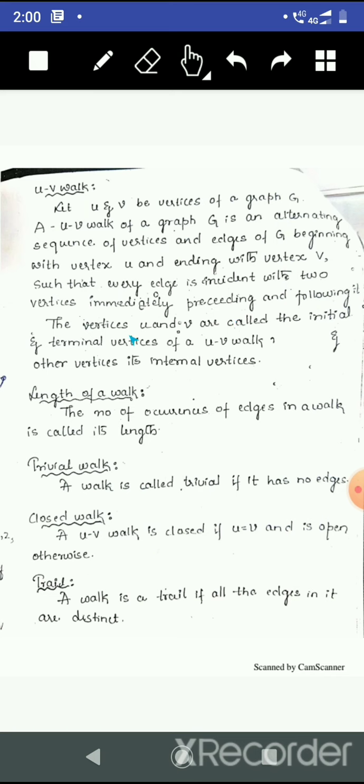The vertices U and V are called the initial and terminal vertices of the UV walk. The other vertices are internal vertices.